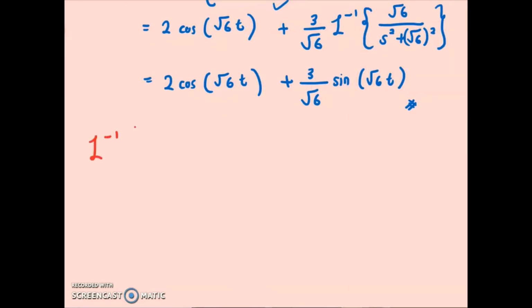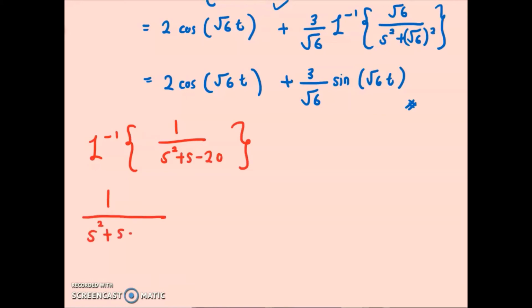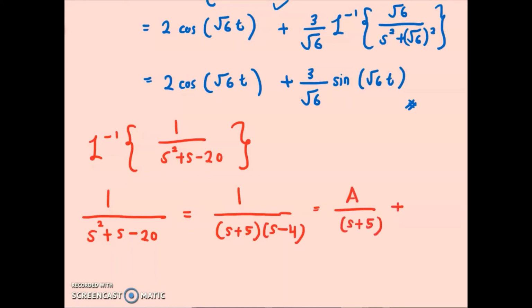So the Laplace inverse of 1 over s squared plus s minus 20. Before we take the Laplace inverse, you need to write this in the form of partial fractions. I can factor this as s plus 5, s minus 4. By partial fractions, I have A over s plus 5 plus B over s minus 4.